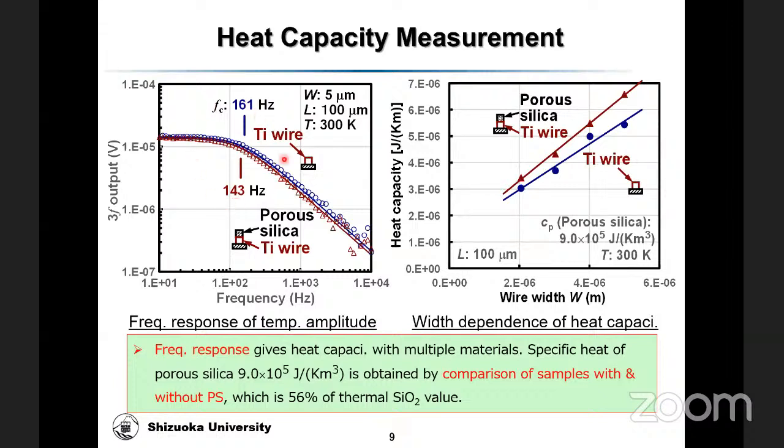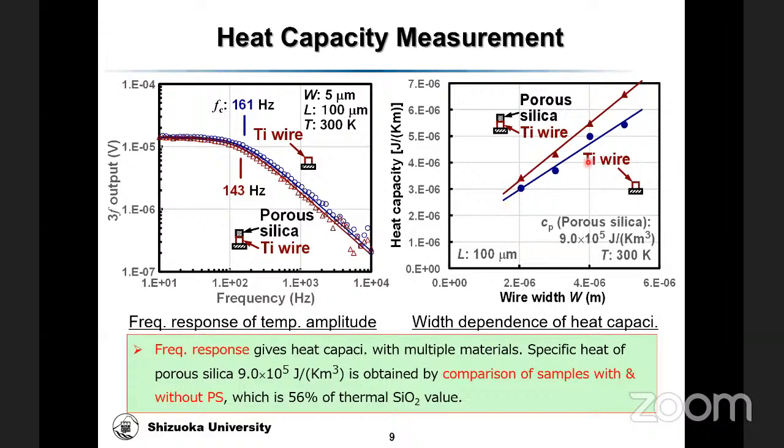And based on this graph, we can find out the heat capacity. This heat capacity is a heat capacity per unit length. By taking this as a function of wire width, we can get a linear relationship like this.